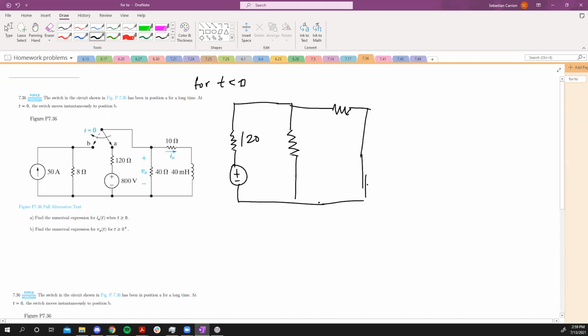We know that the inductor acts as a wire. Okay, so we got 10, 40, and the 800 volts.